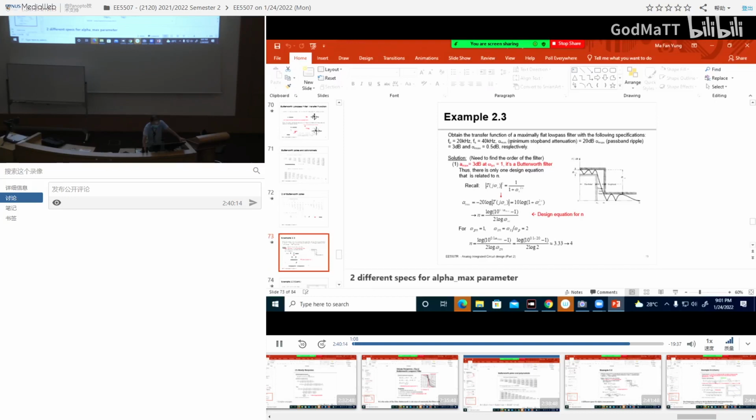And I want a maximum attenuation, or minimum attenuation, at the stop band. What kind of Butterworth filter do I need to meet all this spec? That means I need to find the order of the filter. Because here you can see, from the passband edge to the stop band edge, there's a transition.